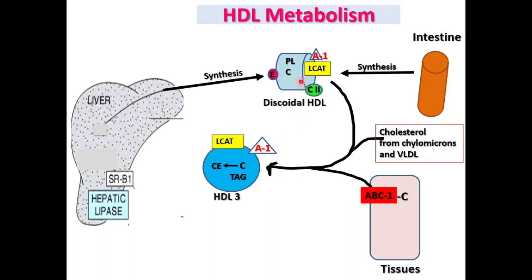As the nascent HDL fills with cholesterol esters, the size of this discoidal HDL increases and becomes spherical in shape, and this HDL particle is known as mature HDL or HDL3.